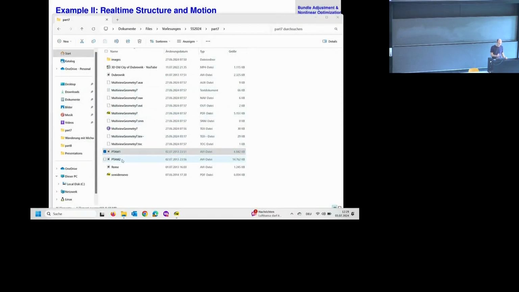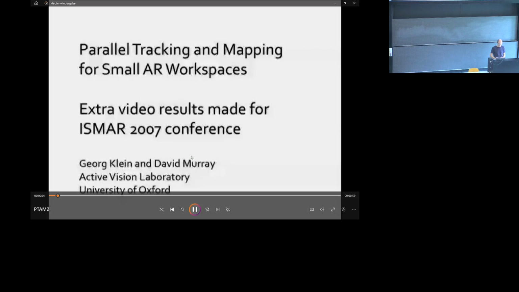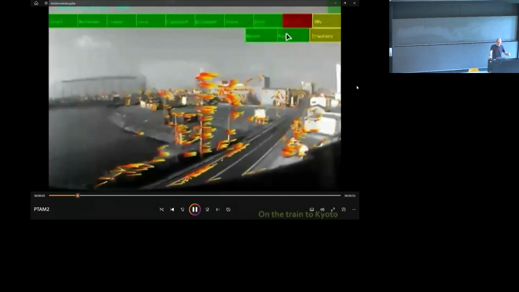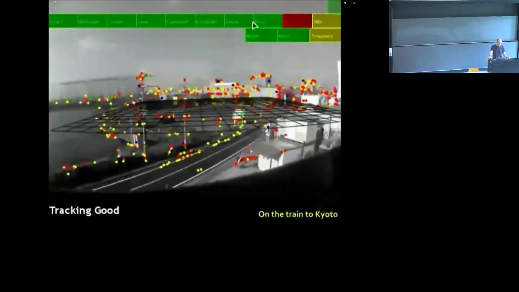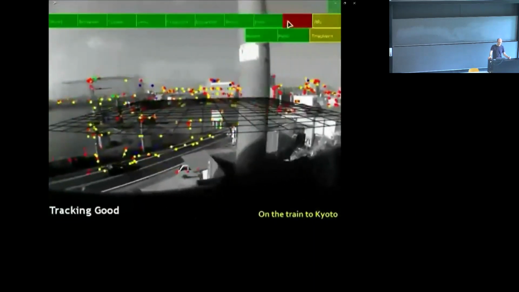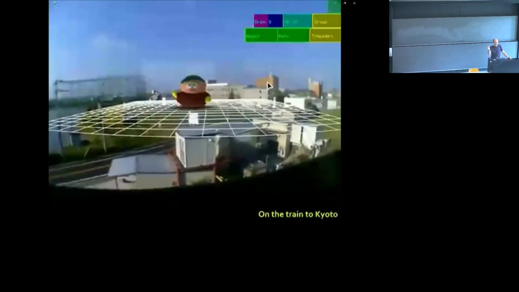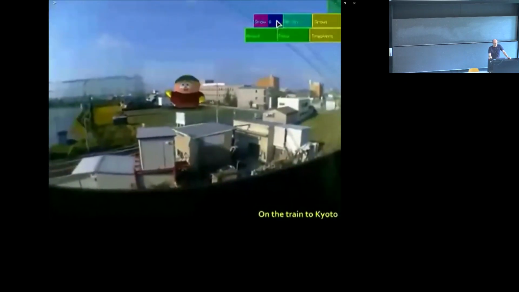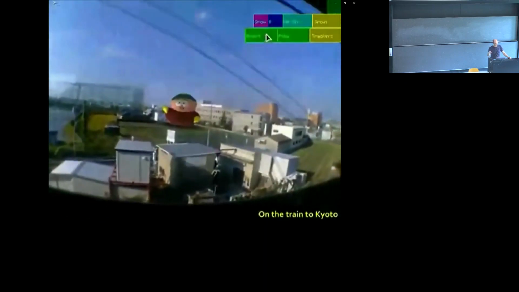But once you have a technique that can track a single camera at fairly high precision and robustness, you can do tons of things. This is what Georg Klein showed. He's an extremely creative guy, and I love these videos. These were extra videos made in Kyoto at the ISMAR conference. Outside the train window, he can find this grid and then superimpose little objects that wave around in real time.